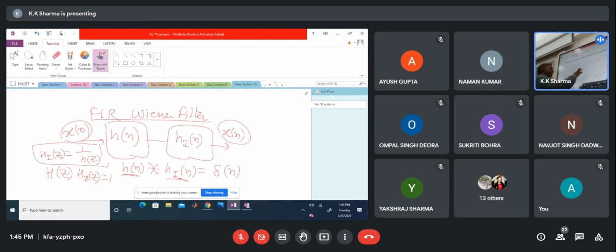So if H of z is, let us say, a high pass filter, then this inverse filter is going to be a low pass filter, because whatever are the poles of this, they are converted into zeros of this because of the 1 upon H of z kind of relation.